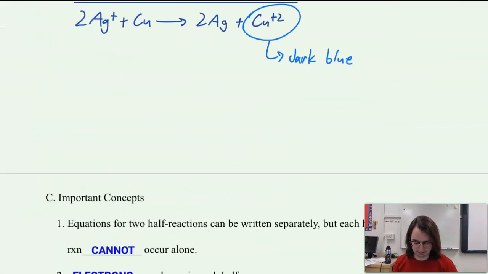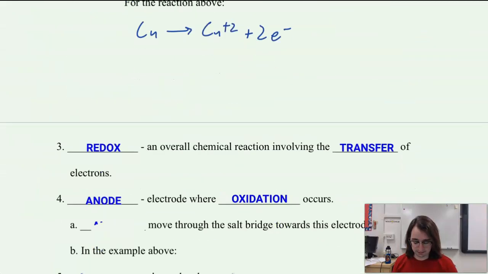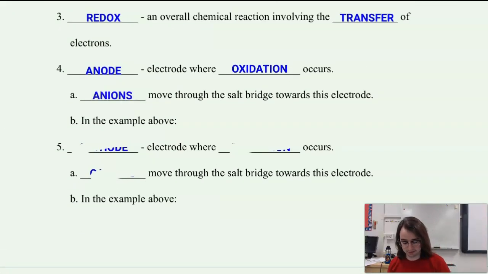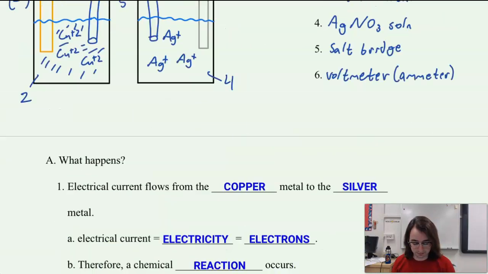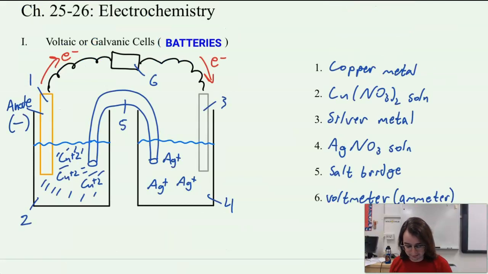Let's go back a little and let's get the other one. And then just a little tip here. Anions move through the salt bridge towards this electrode. So if we go back and look at the salt bridge, if there's a negative ion, it's going to pass through the salt bridge into that solution, right?